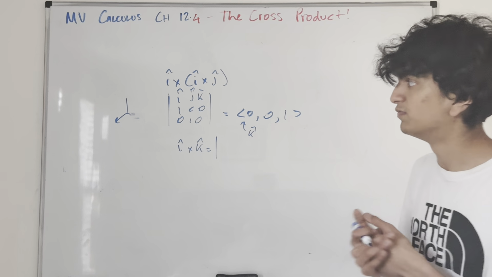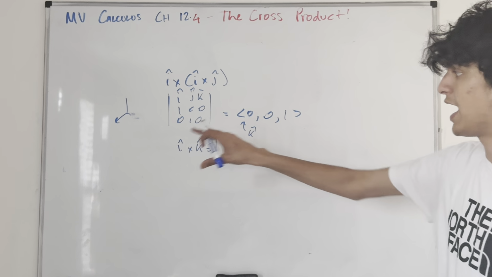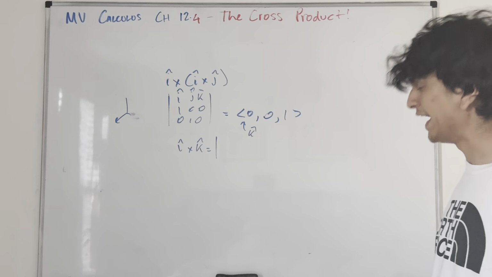Well, what's a vector perpendicular to both that has magnitude 1? It's going to be J hat. Almost, it's going to be negative J hat, because if I use the right-hand rule, curling from I to K, it's negative J hat. But you can also prove it by doing the whole calculation.